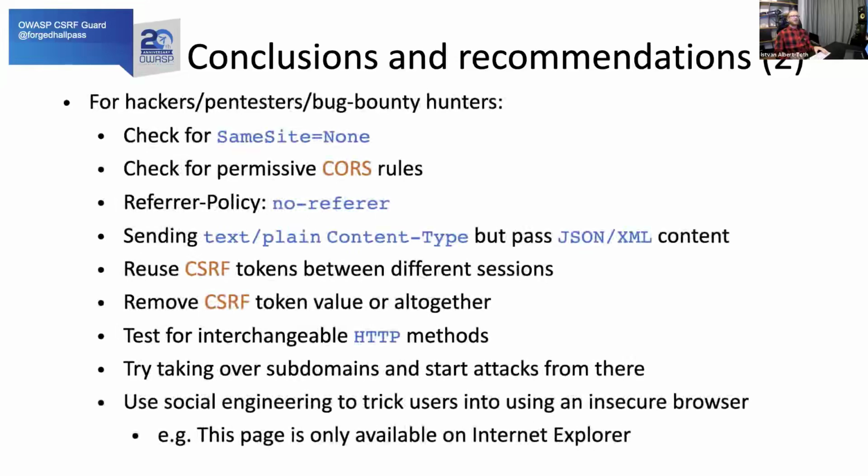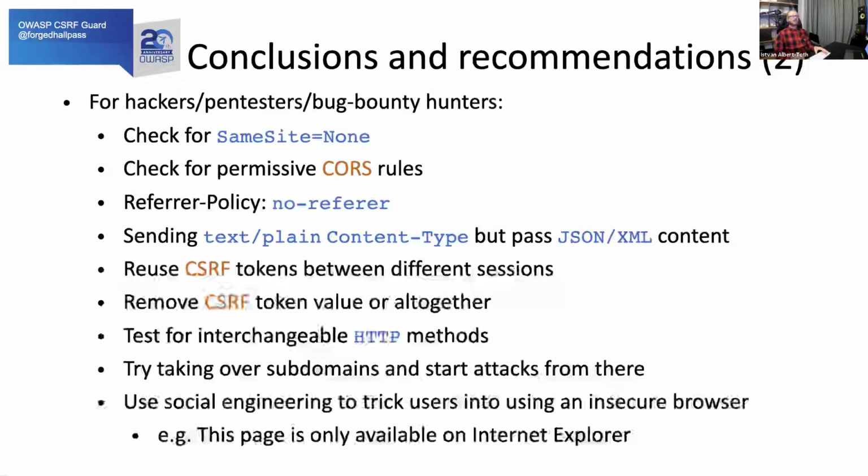For penetration testers and bug bounty hunters, what you can do is to check whether the SameSite attribute is set for cookies. Check for permissive CORS rules. Set up your referrer policy to no-referrer, because that way you might be able to bypass some of the validations. Send plain text content types, but pass JSON or XML content within and see whether that works.